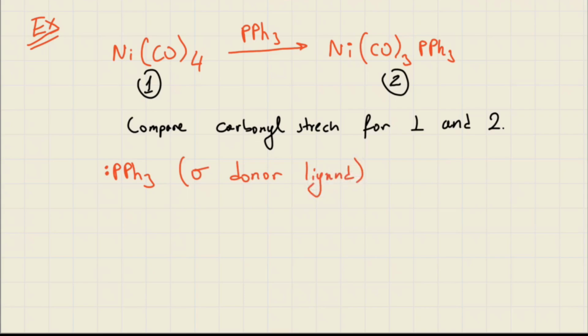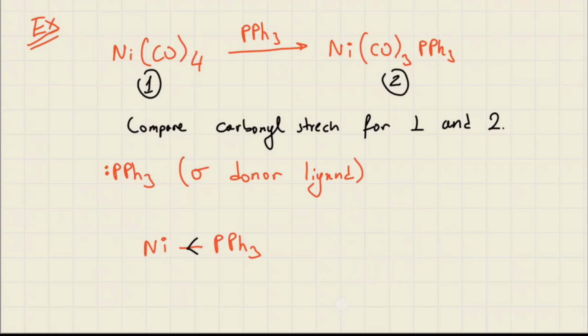It is not PF3. If it is PF3, it might behave like a pi accepting ligand, but it is not the case. So what will happen is that if we add one PPh3, there will be electron donation to the metal center. So electron donation will happen, but the electron donation from the metal center to PPh3 is not possible, or it's unlikely.